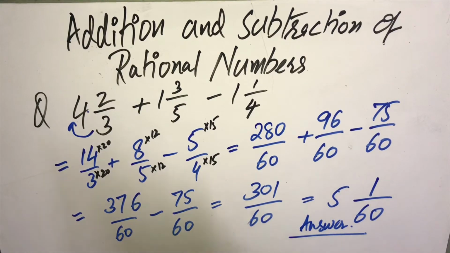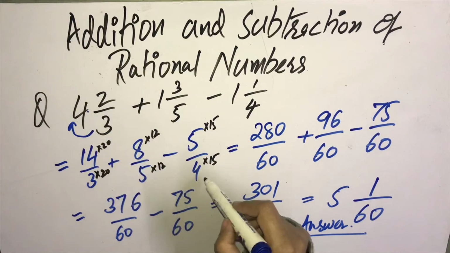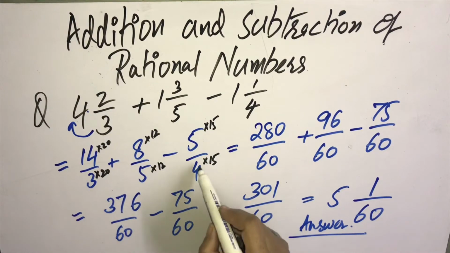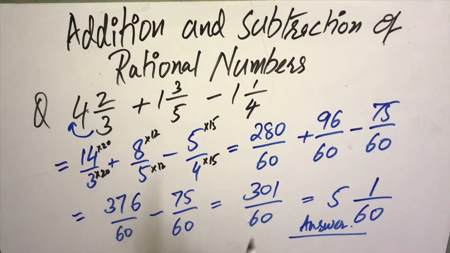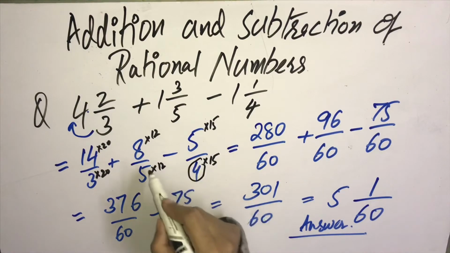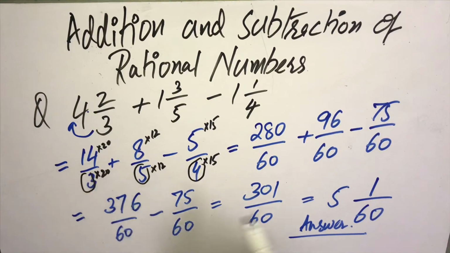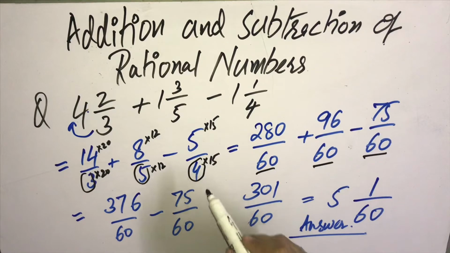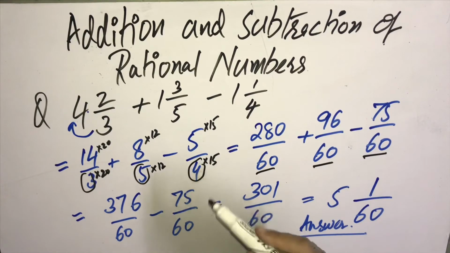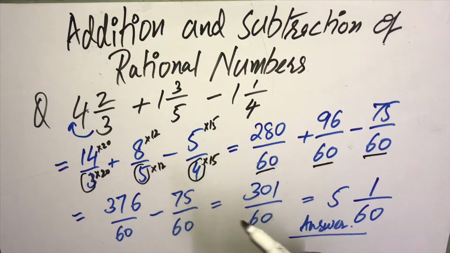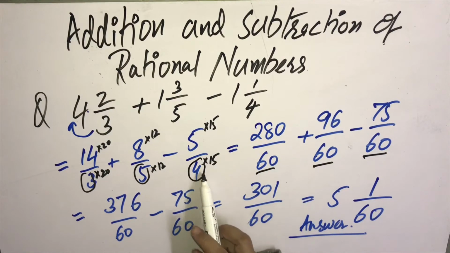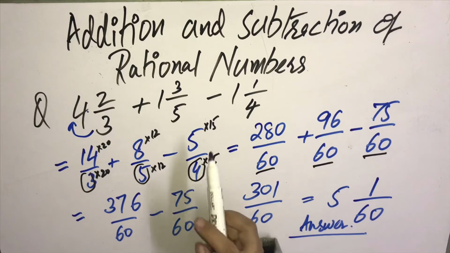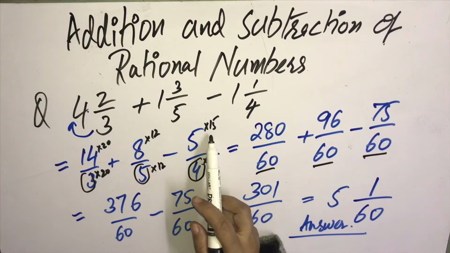First step is to convert the mixed numbers into improper fractions. Then we take the LCM of the denominators and make all the denominators equal to the LCM. When we multiply a specific number with the denominators to make them equal to LCM, we multiply the same number with the numerator. If this denominator is multiplied with 15, then its respective numerator will be multiplied with 15.